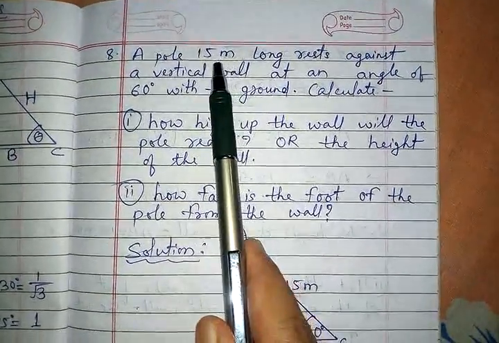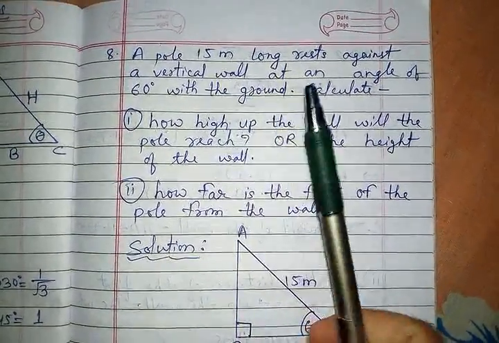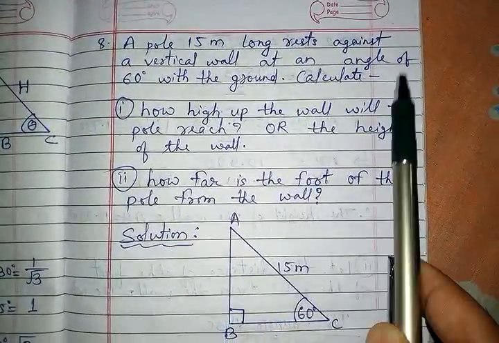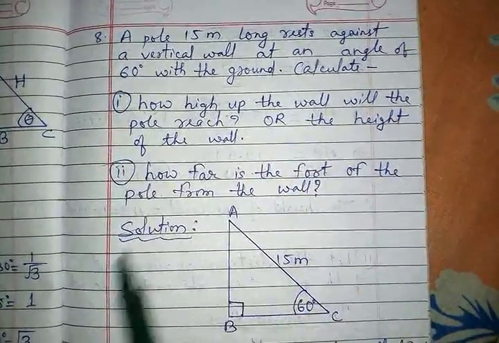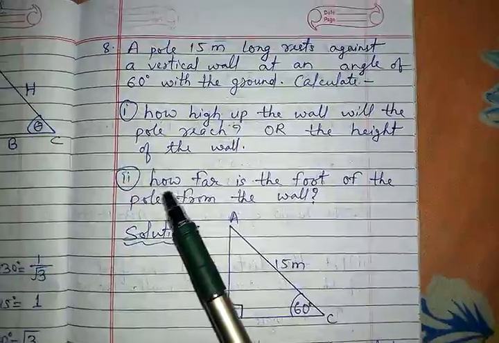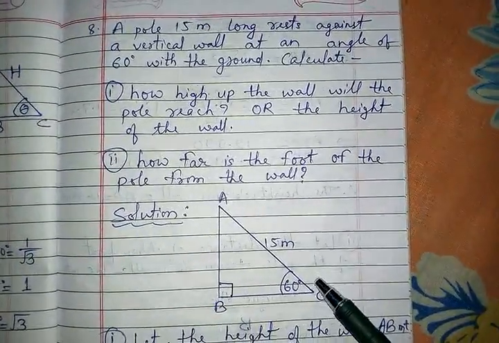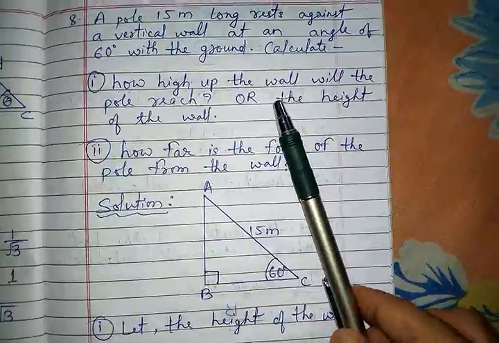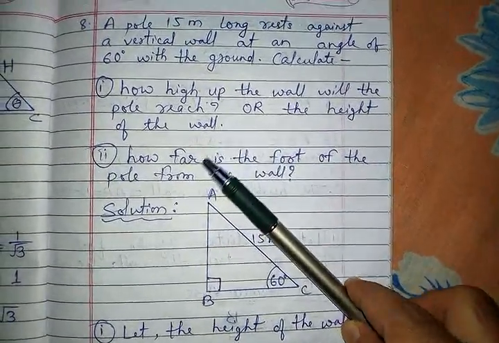A pole 15 meters long rests against a vertical wall at an angle of 60 degrees with the ground. There is a pole that has fallen; actually a pole is always straight, but for some reason it is resting on a wall.